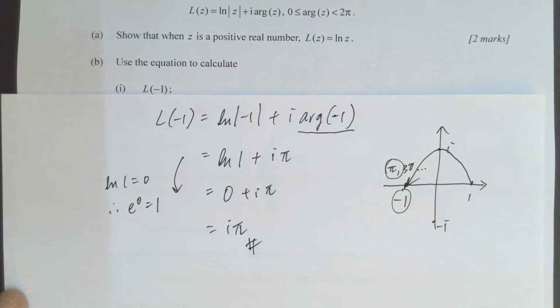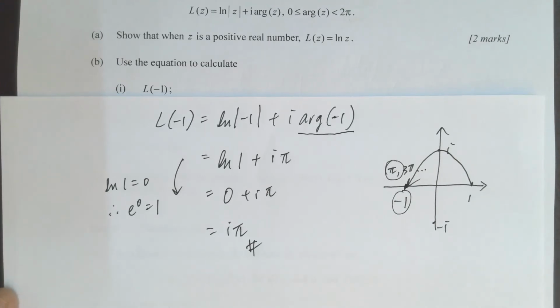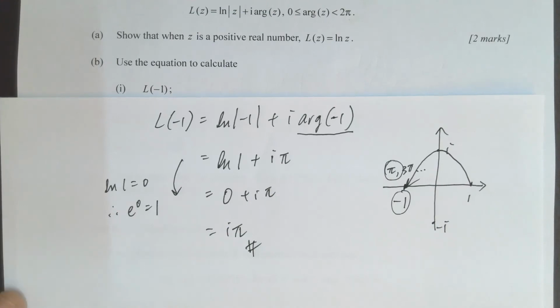So if we want to represent the real number -1, we can rewrite it as a number with just I pi. The distance is 1 and the angle is pi.